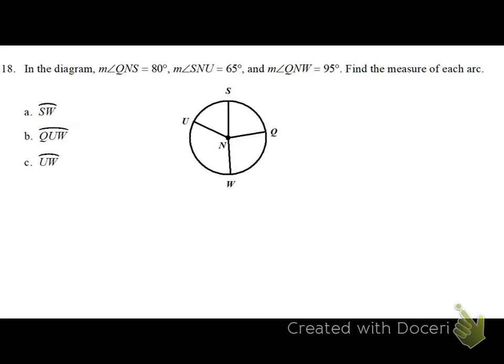A diameter goes straight through the circle. Your second. Check your second one. If you agree. The second one is wrong.